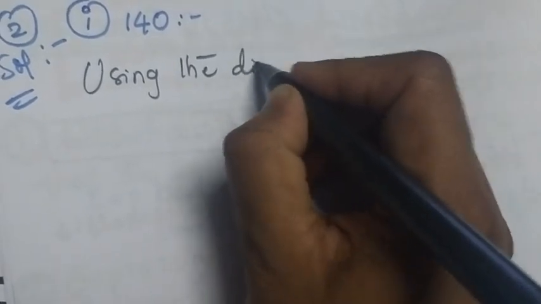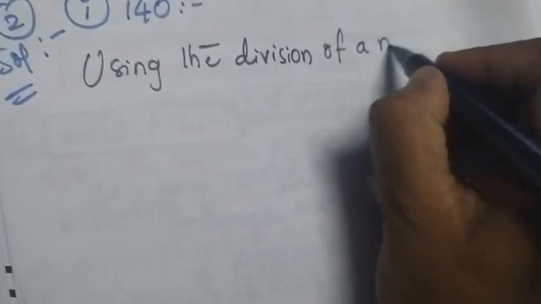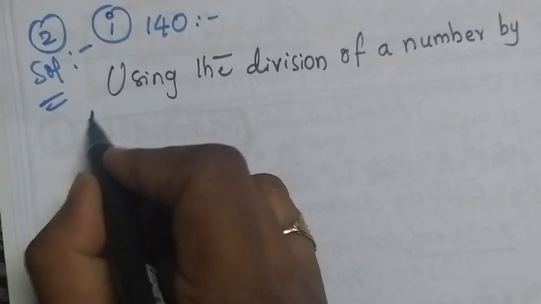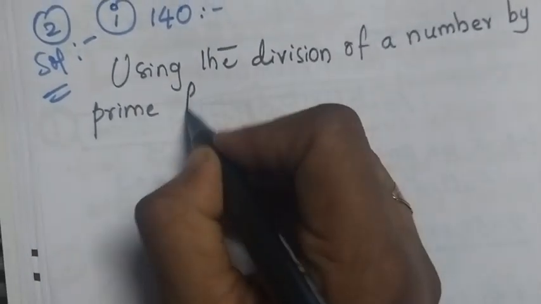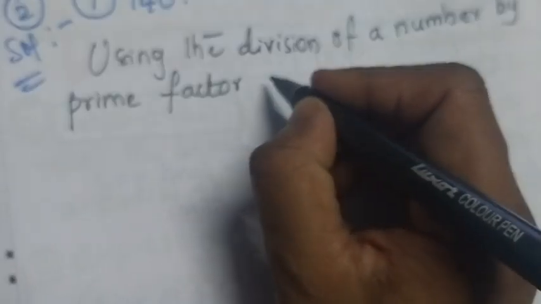first one is 140. So what we have to do here? We have to express 140 as a product of its prime factors. We have to write that using the division of the number by prime factors. We have to divide with prime numbers only, because we are asked to write the solution as a product of prime factors.